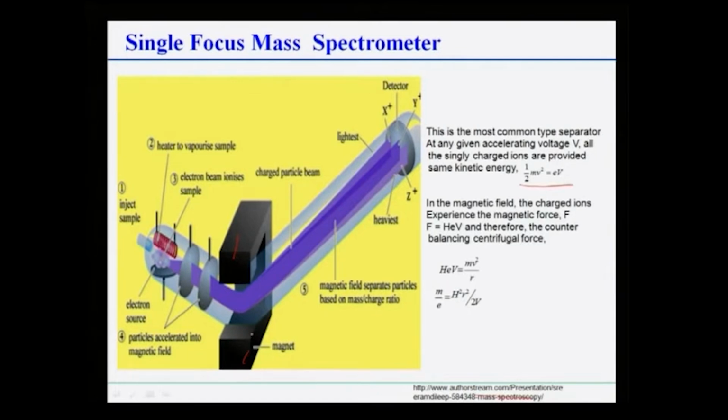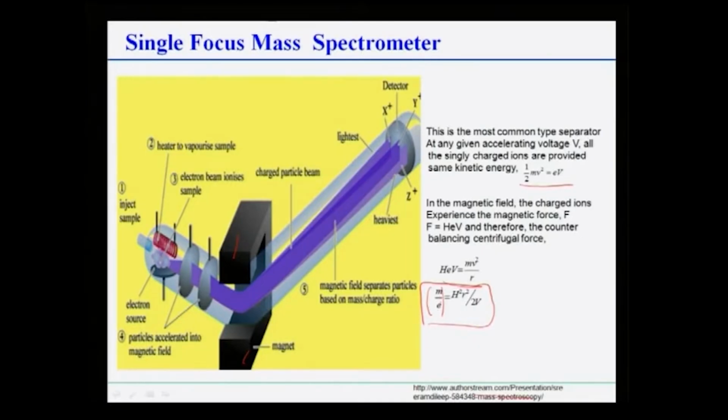So we can write HeV must be equal to the centrifugal force, that is mv square by r. So you get m by e is equal to H square r square by 2V, straightforward, and this is the classical equation which allows us to separate different species with different values of m by e ratio.